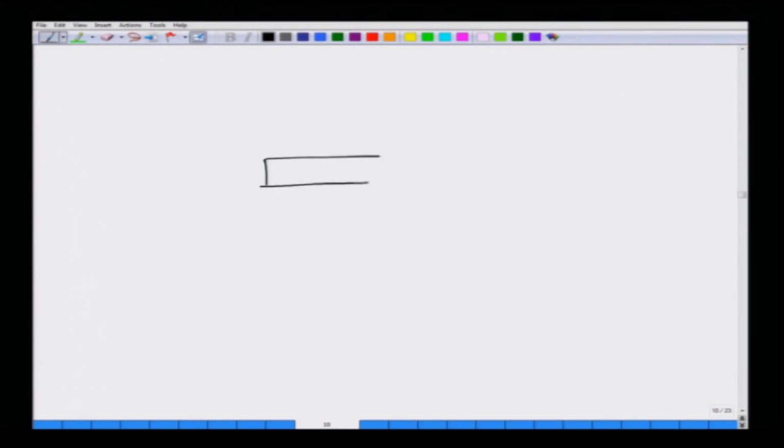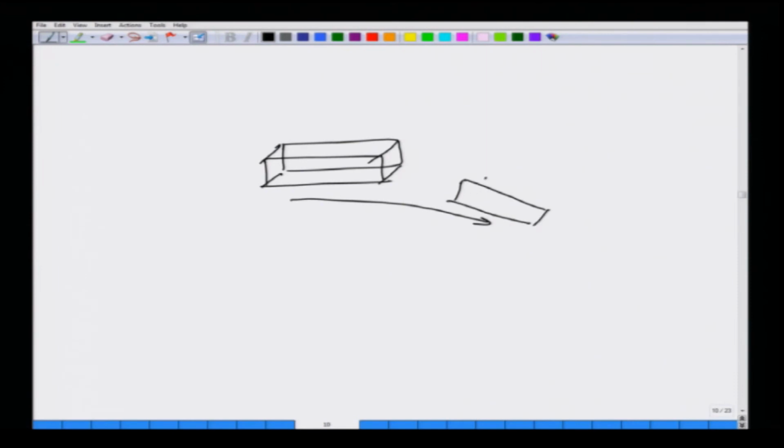Say for example, if this is a rectangular cube sitting here, and the person is looking down like this, it will attain a shape like this. Okay.